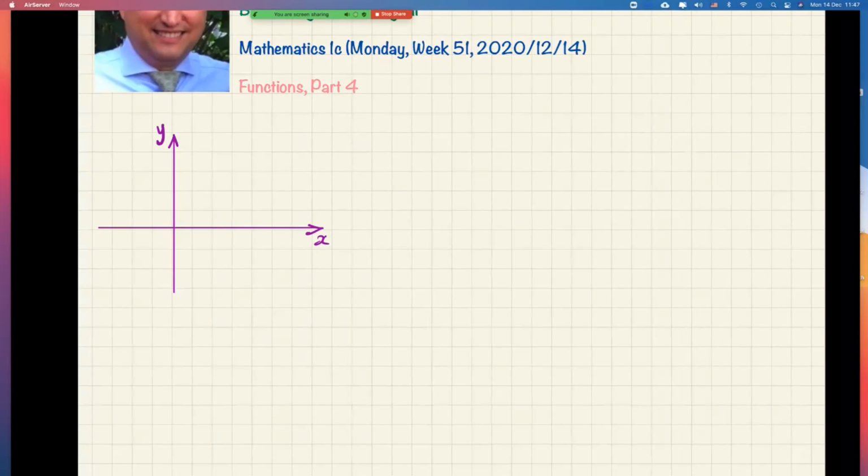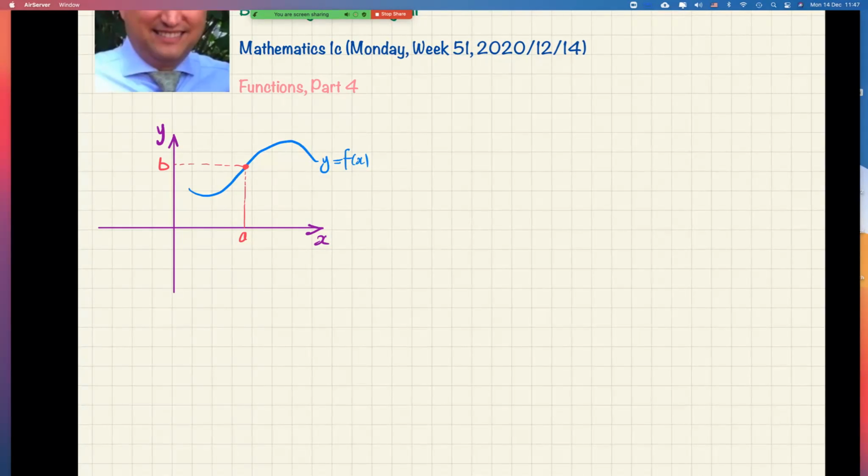Assume that someone gives me the graph of some function, y equals f of x. So f of x has a rule, yes? And it turns out, for example, that the graph of this function is this one. And then someone goes and finds a point on the graph. Okay, and then he measures that this is a and this is b.